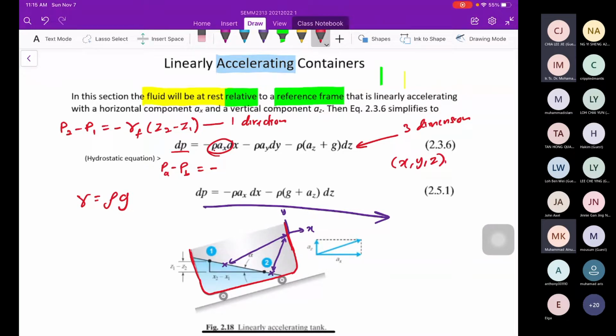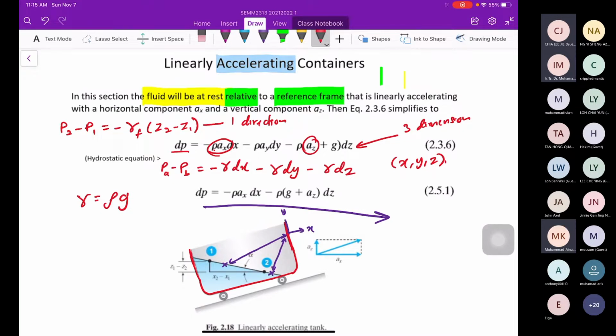So rho g, like rho g, is gamma as well. But since this fluid is moving with acceleration, we must add AZ, because this is the external acceleration.